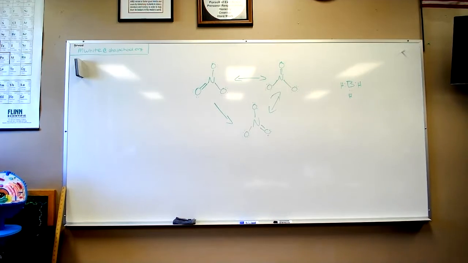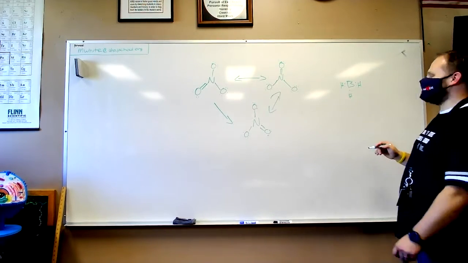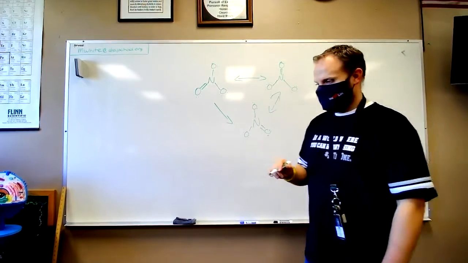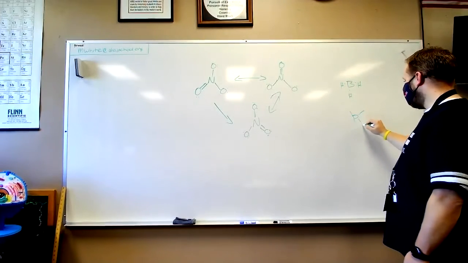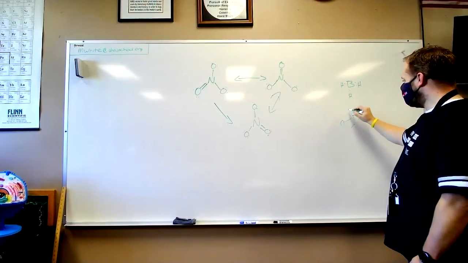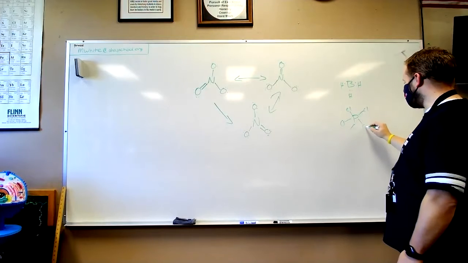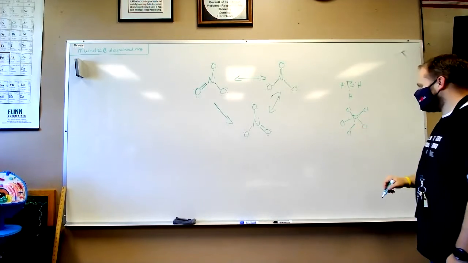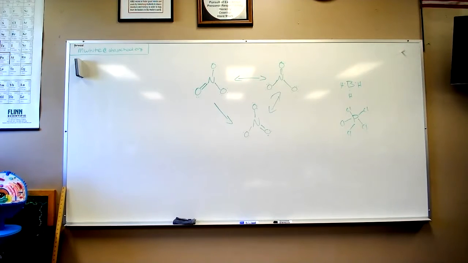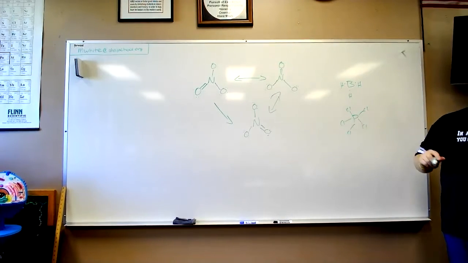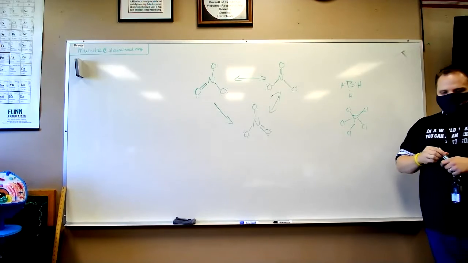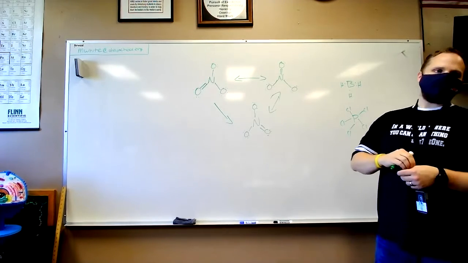We also can have phosphorus pentachloride, where we have phosphorus attached to 5 chlorines. Once again, this is not the octet rule. There are 10 electrons there, but it's stable and happy. I want you to be aware that those exist.